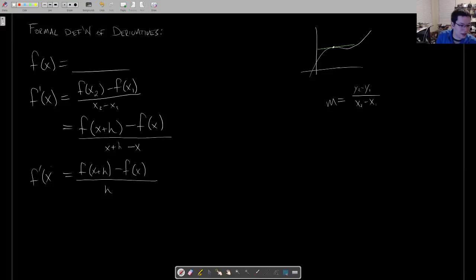But this isn't actually f prime of x. This is an approximation of the derivative. What we actually care about is the limit as h goes to 0 of f of x plus h minus f of x over h.